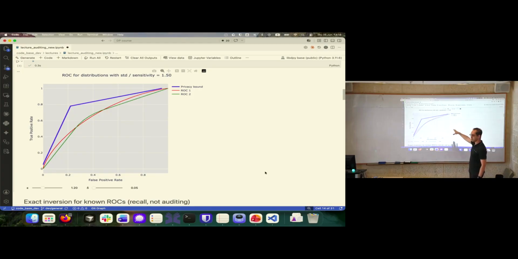Is any of the ROCs epsilon-delta DP for these parameters? Considering it's under a privacy band, it must be. No, so I'm asking for these, is it 1.2 comma 0.05 DP?